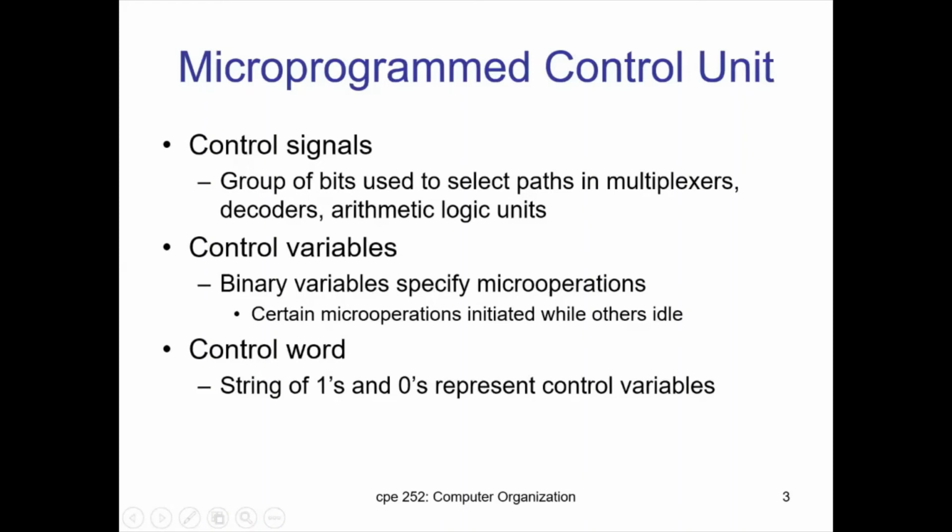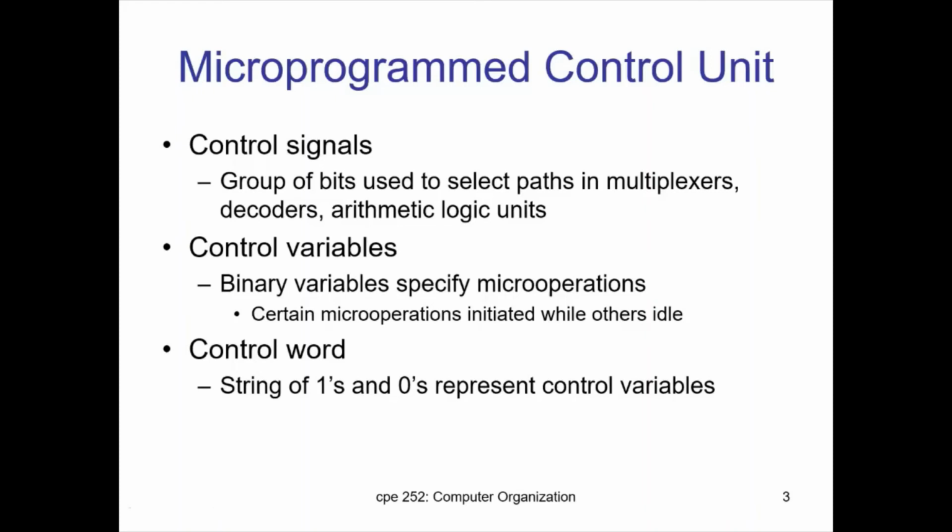And we have another important unit in this microprocessor, the microprogrammed control unit, MCU. In the control unit we have hardware control and microprogram control. The MCU plays the major role.